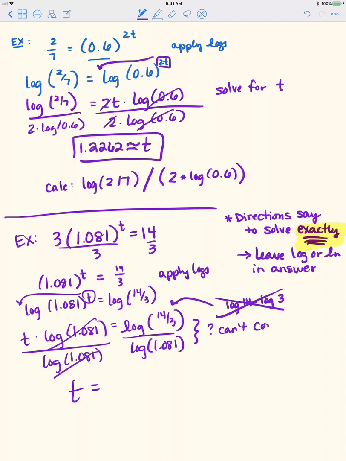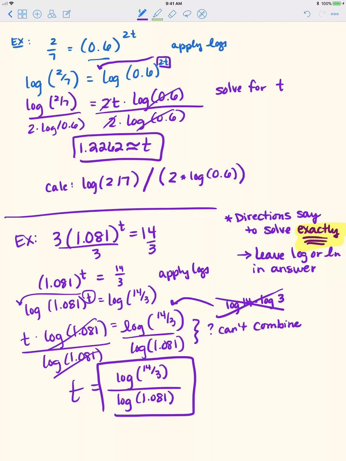So really, even though it doesn't look so pretty and exact, the exact answer for this is the log of 14 over 3 divided by the log of 1.081. Don't even type in the logarithm function. Don't even do the number. Leave it exactly.